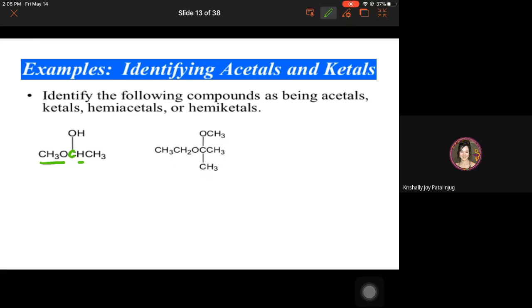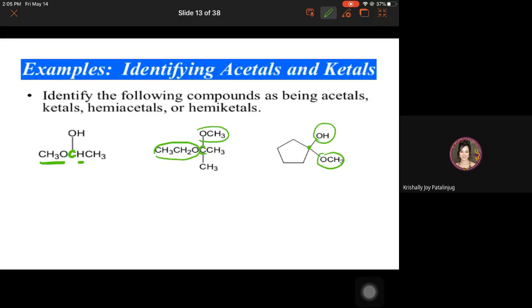Okay, next. Second structure, walay OH. Puro sa OR. OR attached on the same carbon. Wala na dayon hydrogen kana nga carbon. Very good. That is ketal. Next, naa OH, naka-attach on the same carbon, naa pod'y OR.